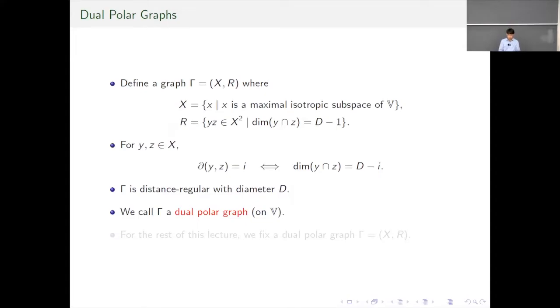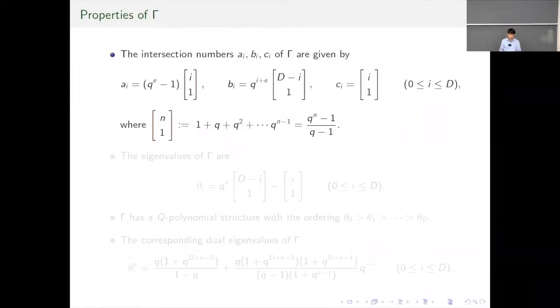For the rest of this lecture, we fix a dual polar graph and review some algebraic properties of Gamma. The intersection numbers of Gamma, a_i, b_i, c_i, are: a_i is q to the e minus 1 times bracket i choose 1, b_i is q to the i plus e times bracket D minus i choose 1, and c_i is bracket i choose 1, where bracket n choose 1 means q to the n minus 1 all over q minus 1.